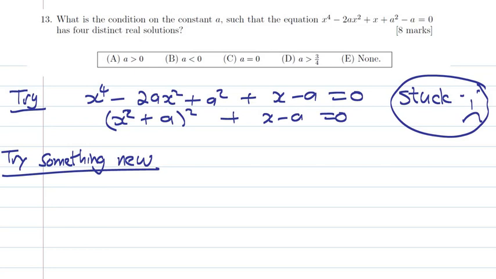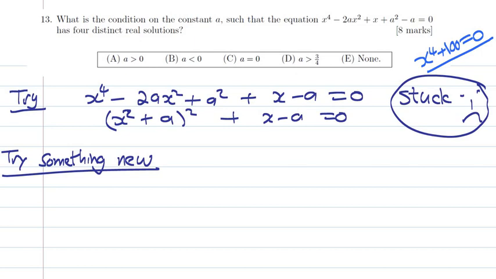X to the 4th plus 100. Correct. Yeah, and put it equal to 0. Alright? So x to the power 4 plus 100 equal to 0 is a polynomial with degree 4 with no real solutions. Alright, so now let's get back to the problem.